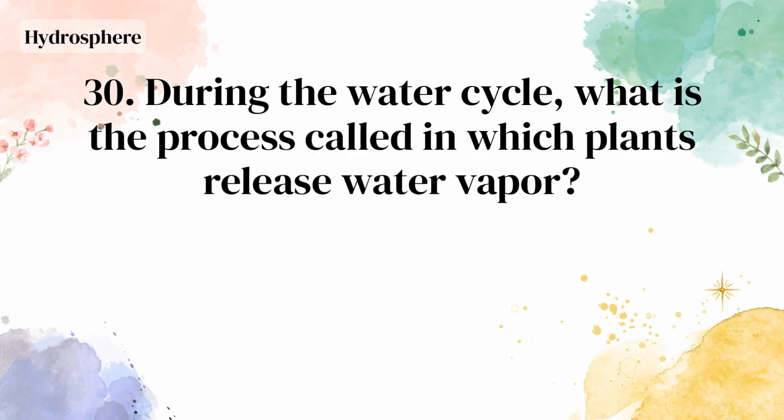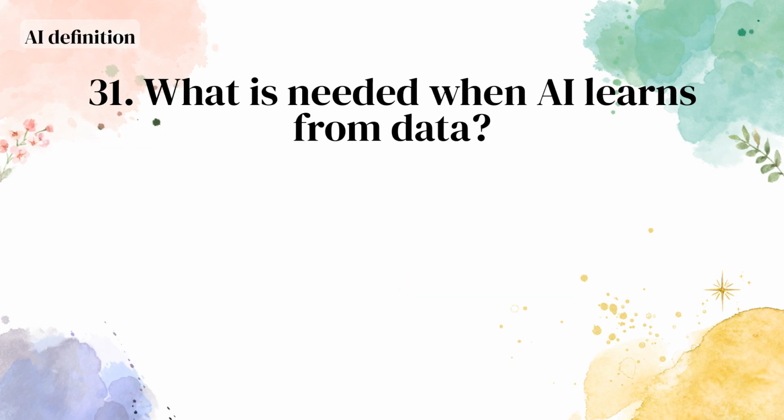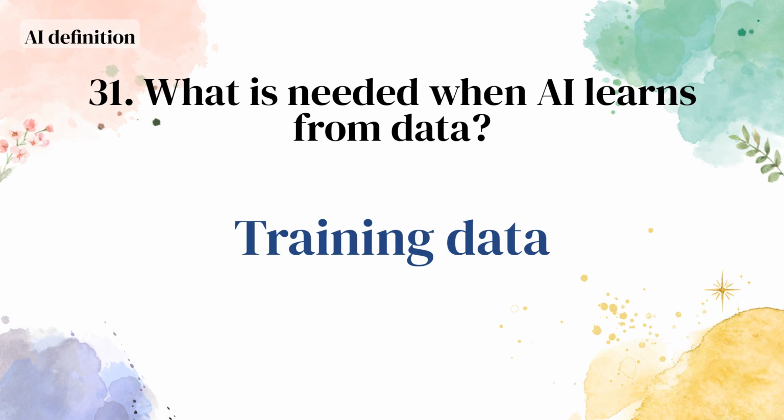During the water cycle, what is the process called in which plants release water vapor? Transpiration. What is needed when AI learns from data? Training data.